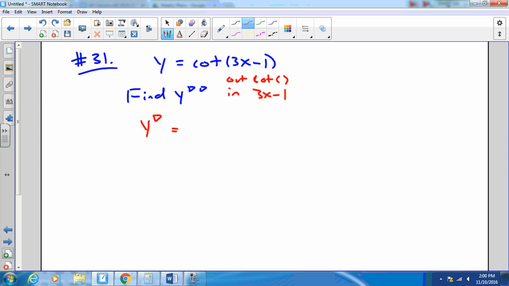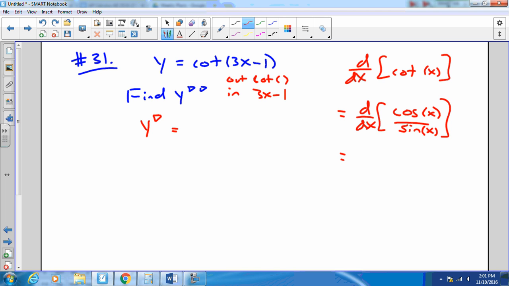The derivative of cotangent, which I do not have any understanding of.